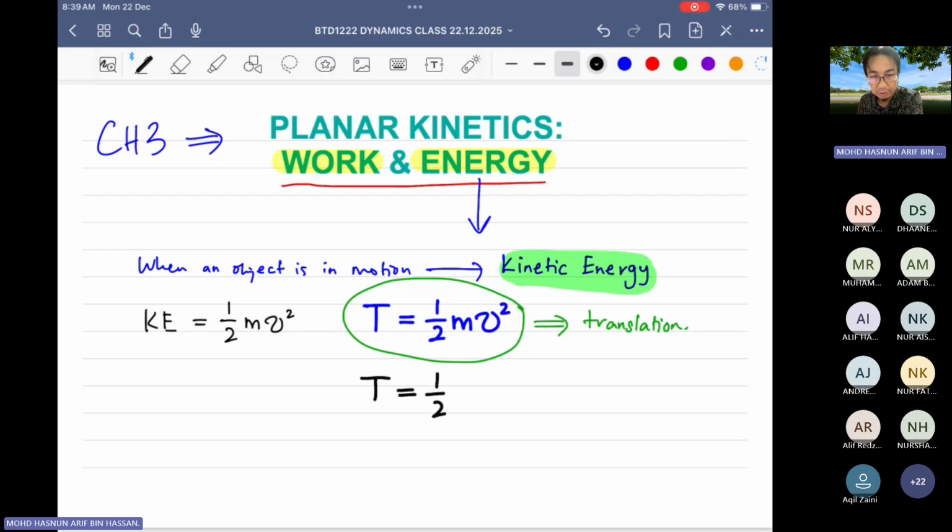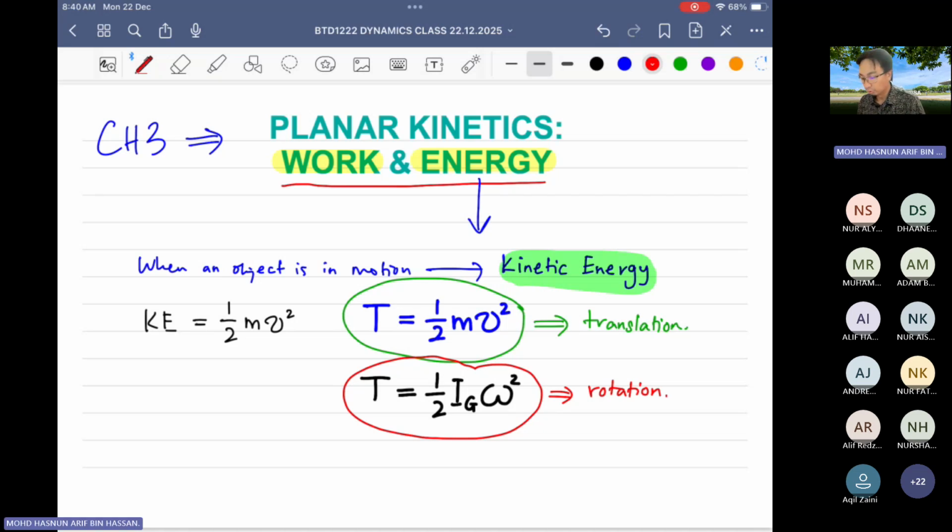For translation the second component is mass, but for rotation you have Ig, the mass moment of inertia. And where translation has the velocity v, rotation has the angular velocity omega, which is also squared. This is the kinetic energy that represents rotation.